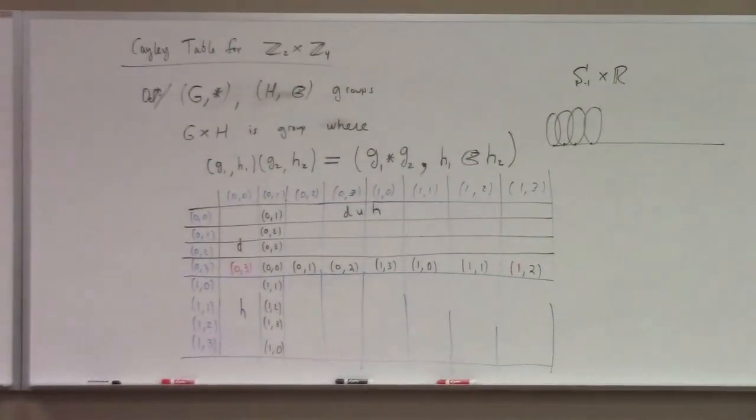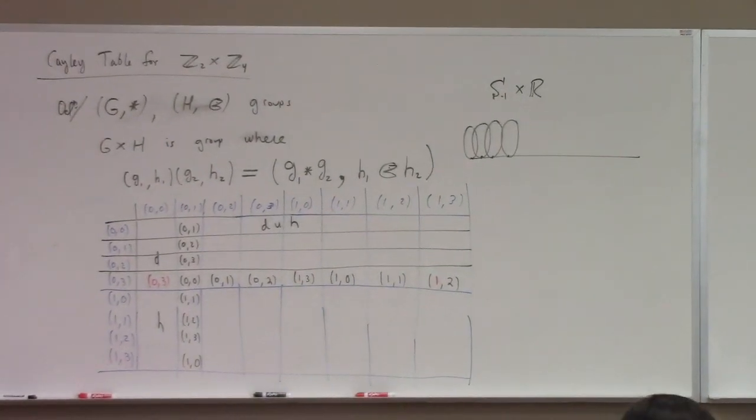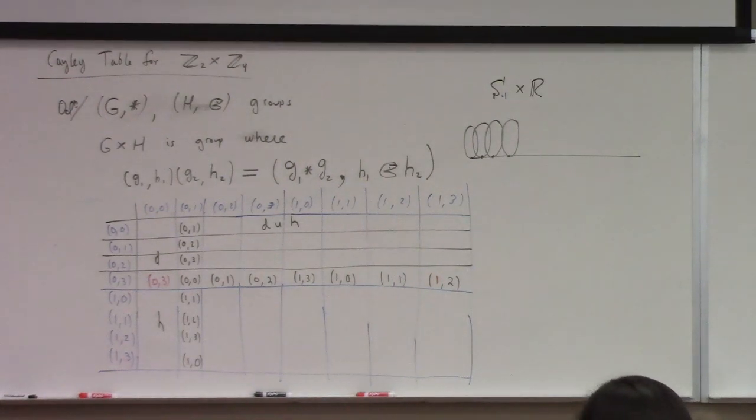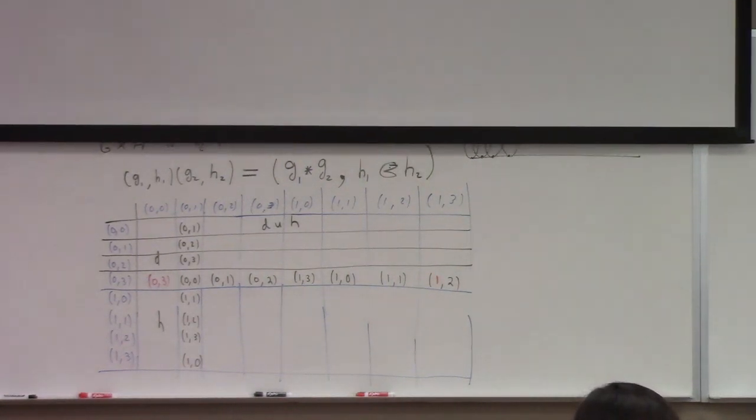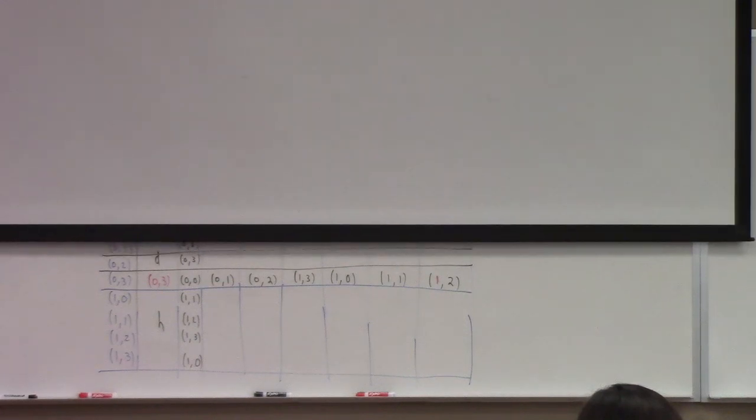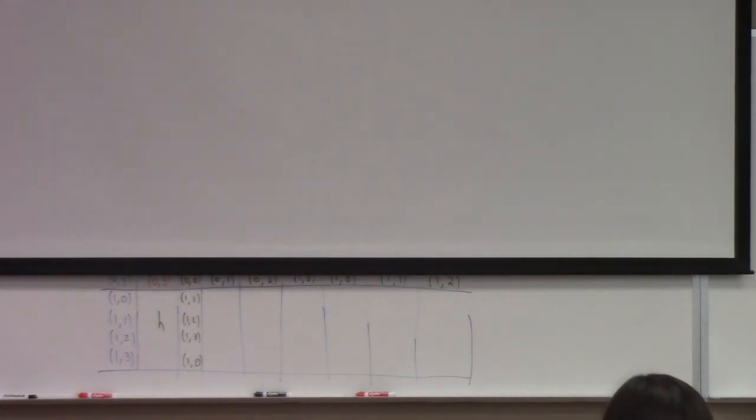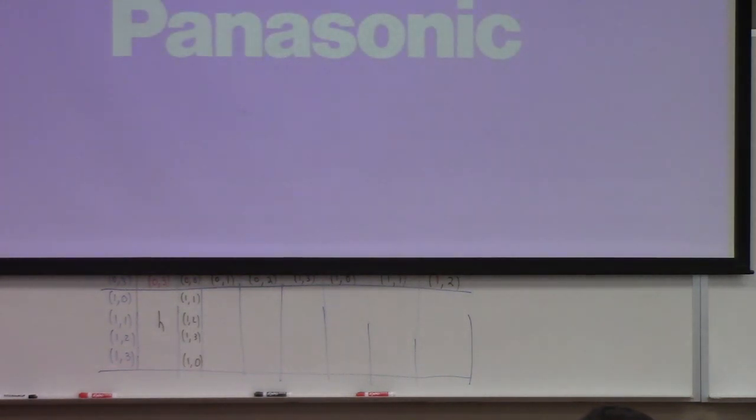I should show you guys before I forget. I have links to sites that do the math for you. I found this one: Subgroup Lattice and Cayley Table Generator by John Jones.